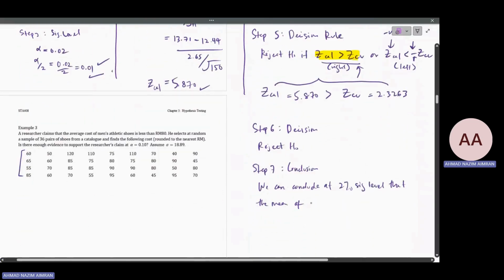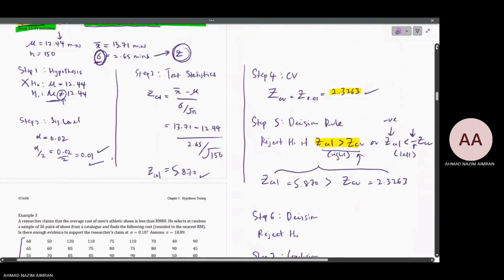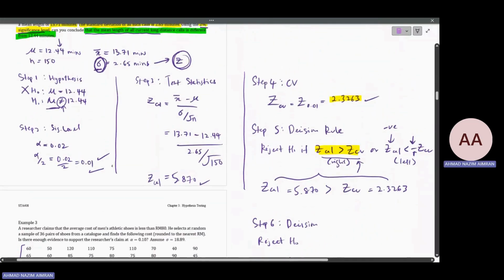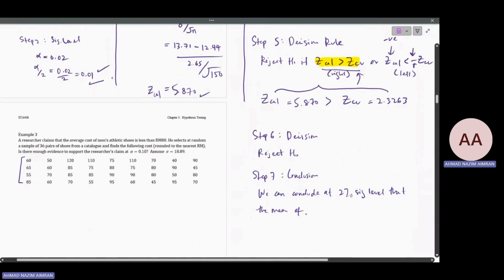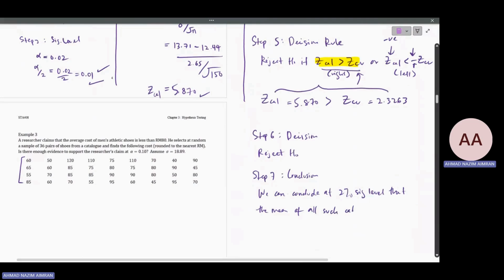The mean length of all such calls is different from 12.44 minutes. All right.